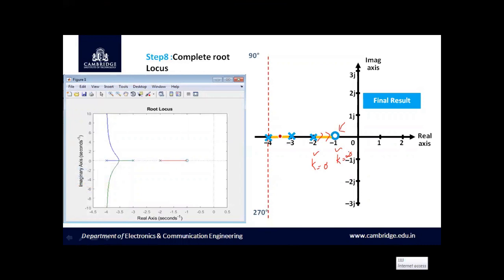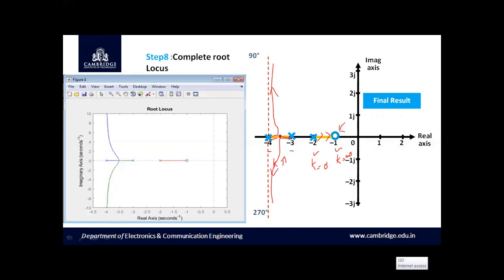Whereas the rest of the two poles at s is equal to minus 4 and s is equal to minus 3, when k increases, there will be a movement of these poles in this direction and they intersect at a particular point which we call a breakaway point, and it breaks away and tries to reach infinity along the direction of the asymptotes.